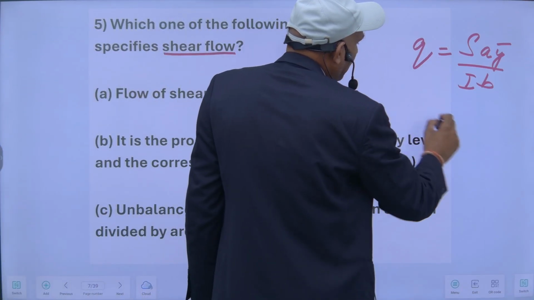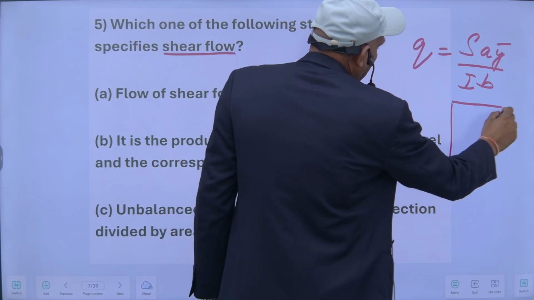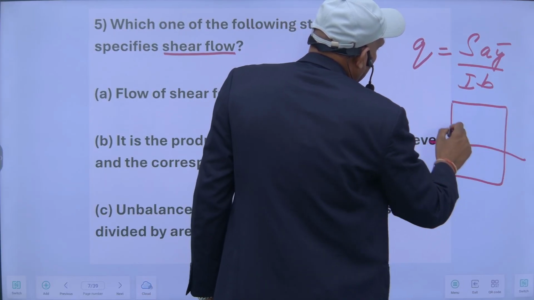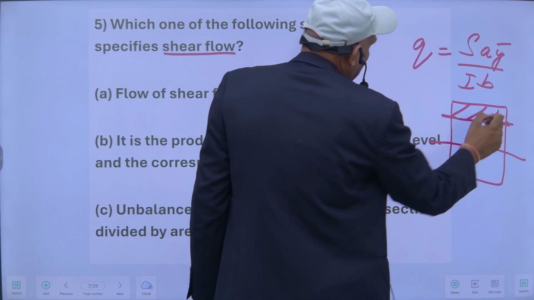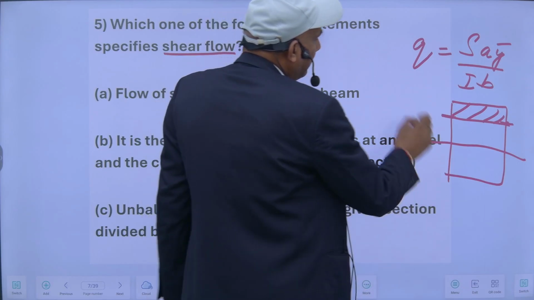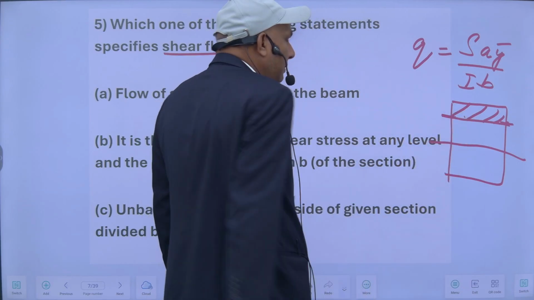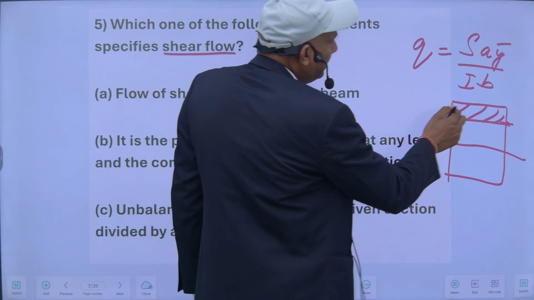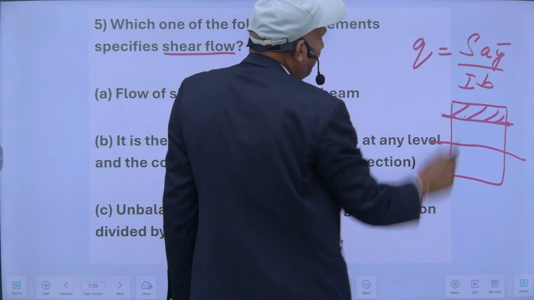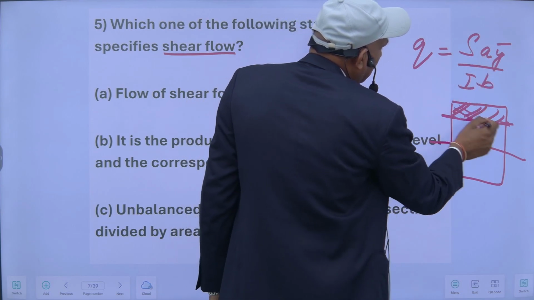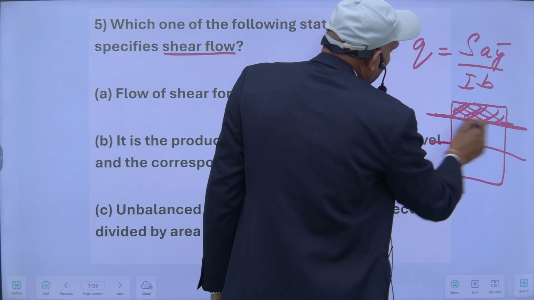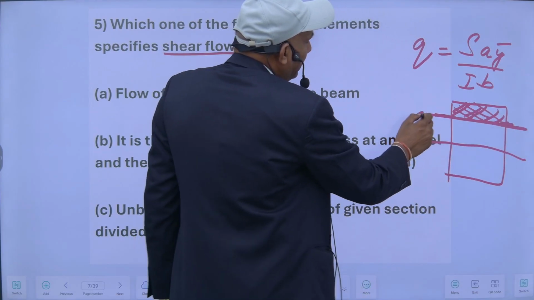Suppose this is the rectangular section, and I have to find the shear stress at this level. For finding the shear stress at this level, first I must know the value of S. S is the shear force, and A is the area above the layer where Q is to be determined.